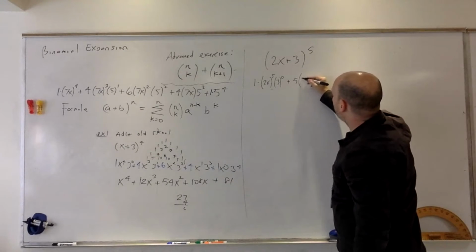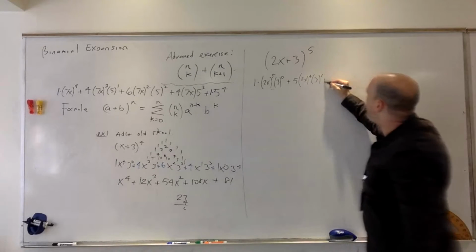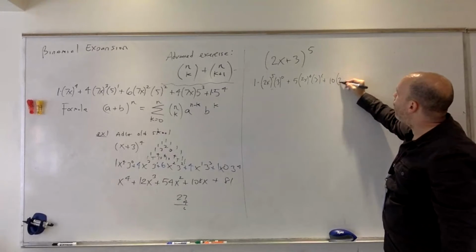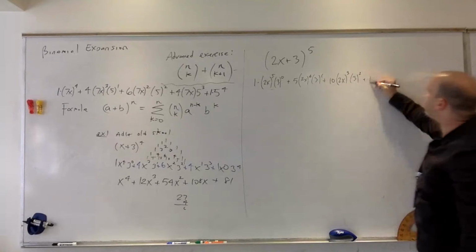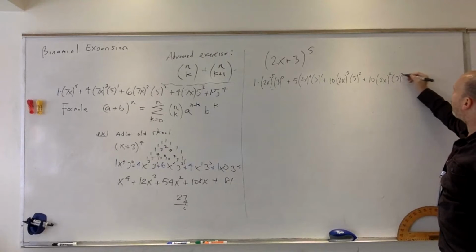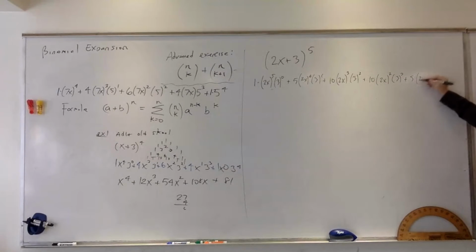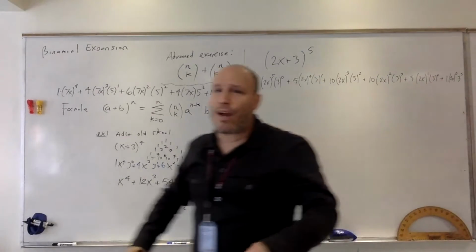Next, 5 times 2x to the 4th, 3 to the 1, plus 10 times 2x to the 3rd, 3 squared, plus 10 times 2x squared, 3 to the 3rd, plus 5 times 2x to the 1, 3 to the 4th, plus 1 times 2x to the 0, 3 to the 5th. That's how you expand these out.